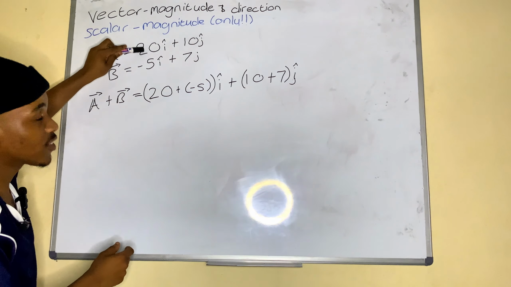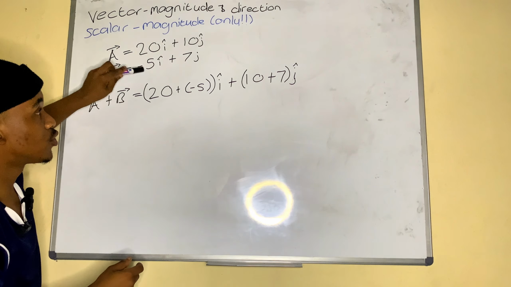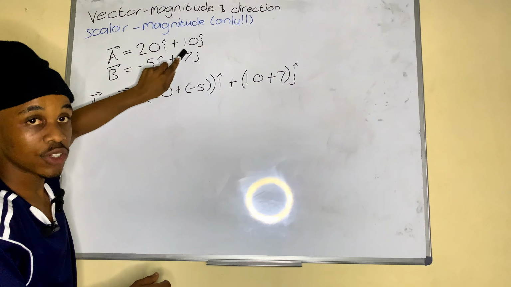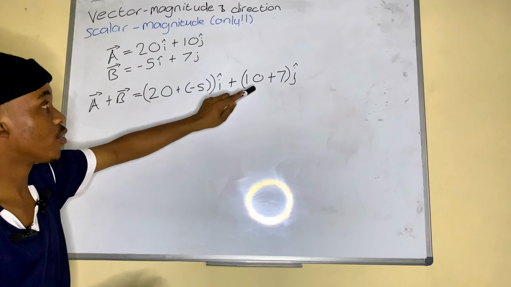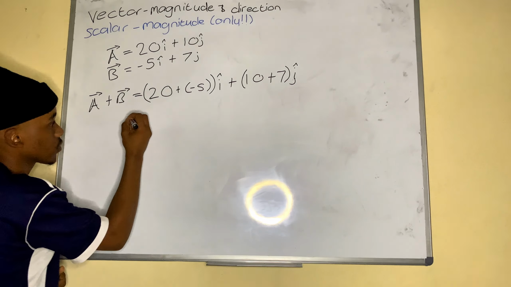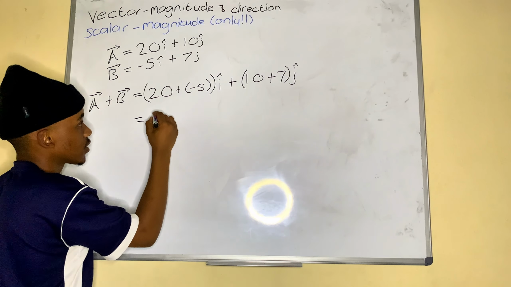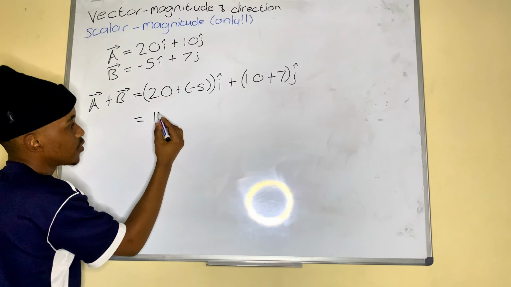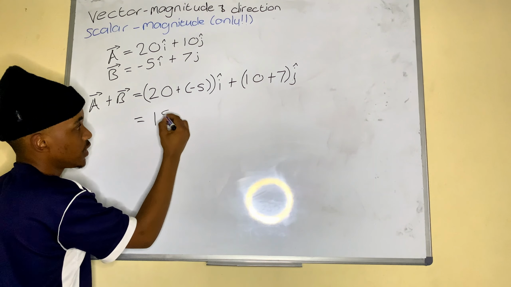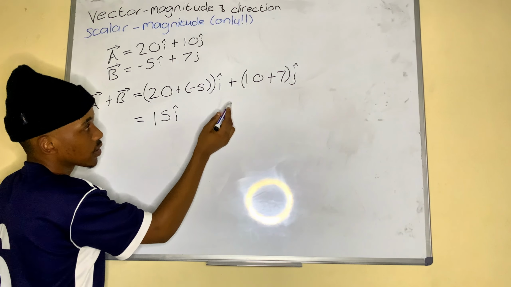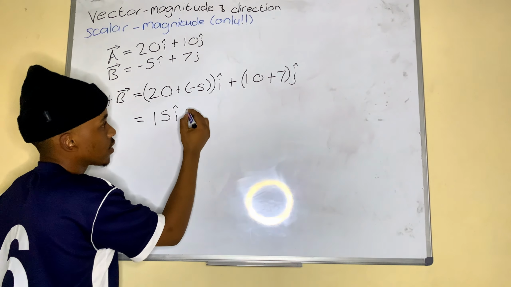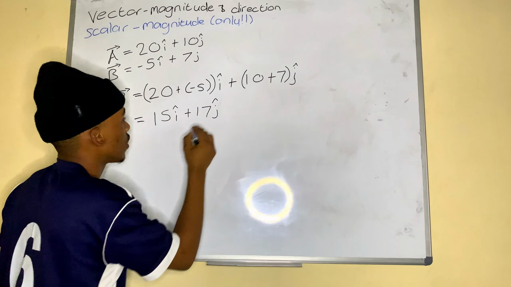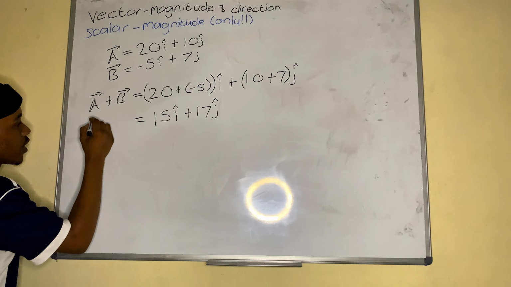So we've taken the x component of vector A, adding it to the x component of vector B, and we've taken the y component of vector A, adding it to the y component of vector B. Adding these two vectors, a positive multiplied by a negative would give you a negative, meaning that 20 minus 5 gives you 15 in the i direction, or in the x direction, and we have 10 plus 7 giving us 17 in the y direction.